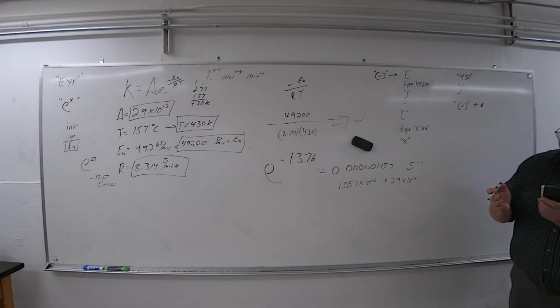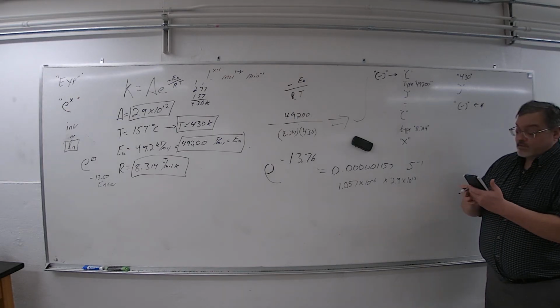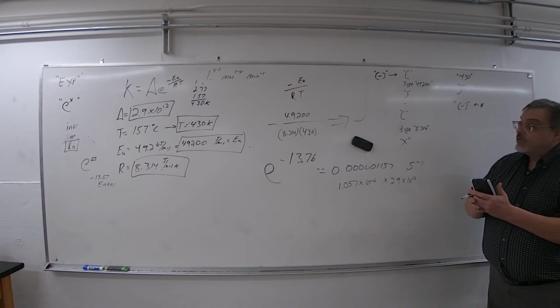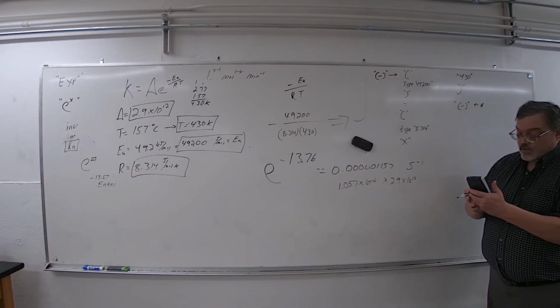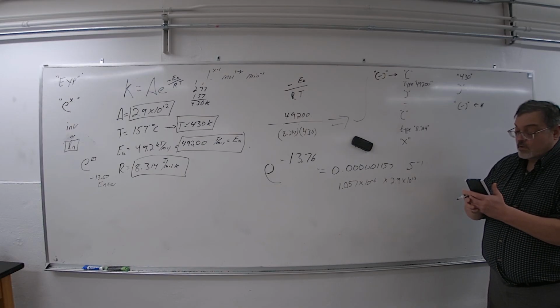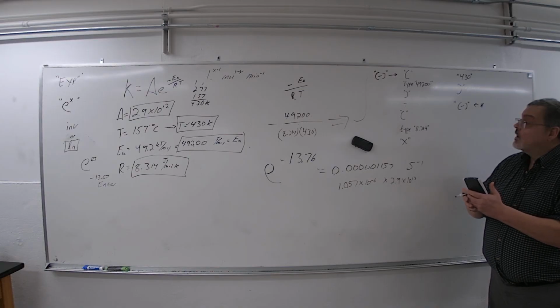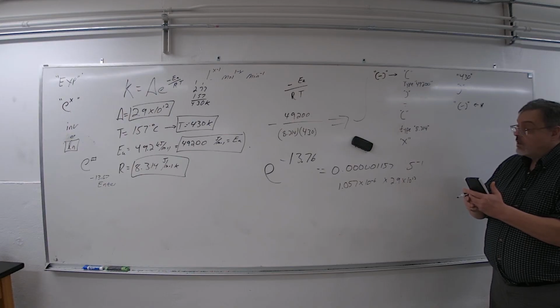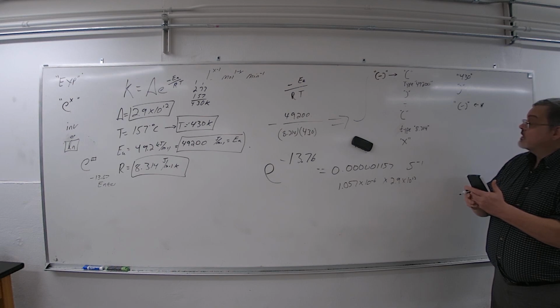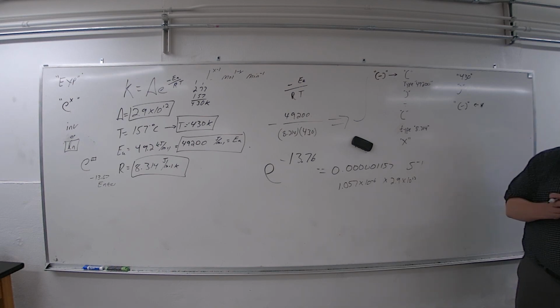All right, let me make sure I can do this if I expect you to do it on the test. Negative, open parentheses, 49200, close parentheses, divide by, open parentheses, 8.314 times 430, close parentheses, and I did put the negative on there, so I hit enter.